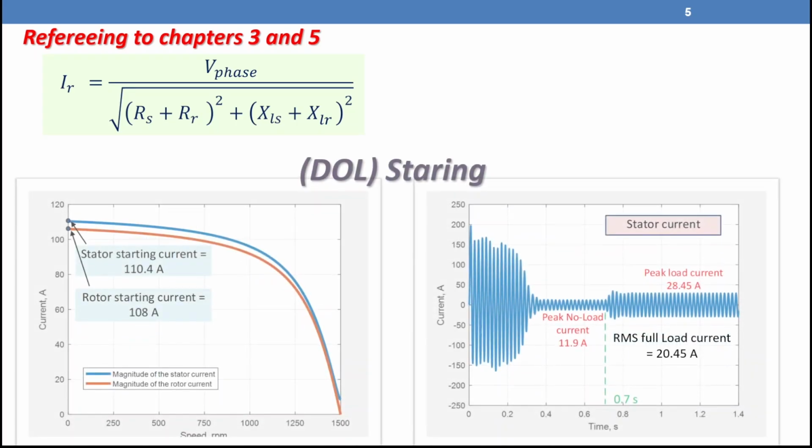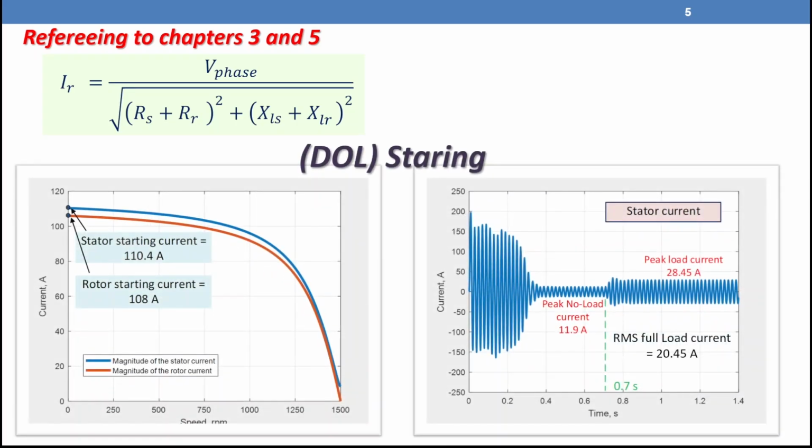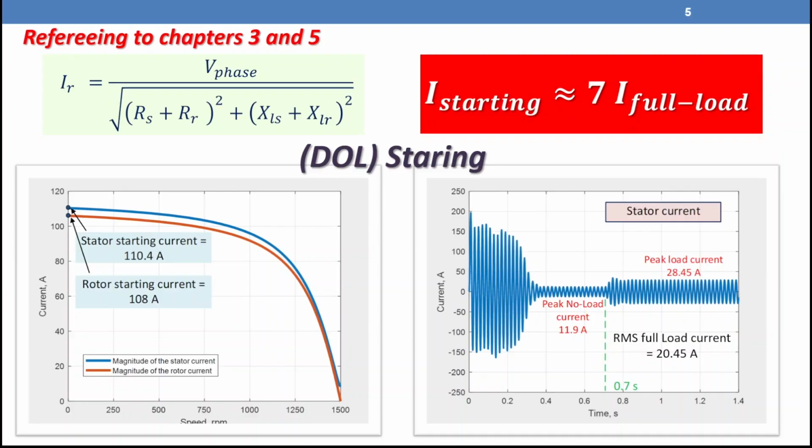We can simulate that as we did in chapter number 5, and we had a stator current at starting of almost 110 ampere for our example, while the full load current is something like 20 ampere. So the ratio between starting stator current and full load current is almost 7 times. So I starting equals 7 times the full load current. This means that the machine is subjected to some stress due to the high current at starting.